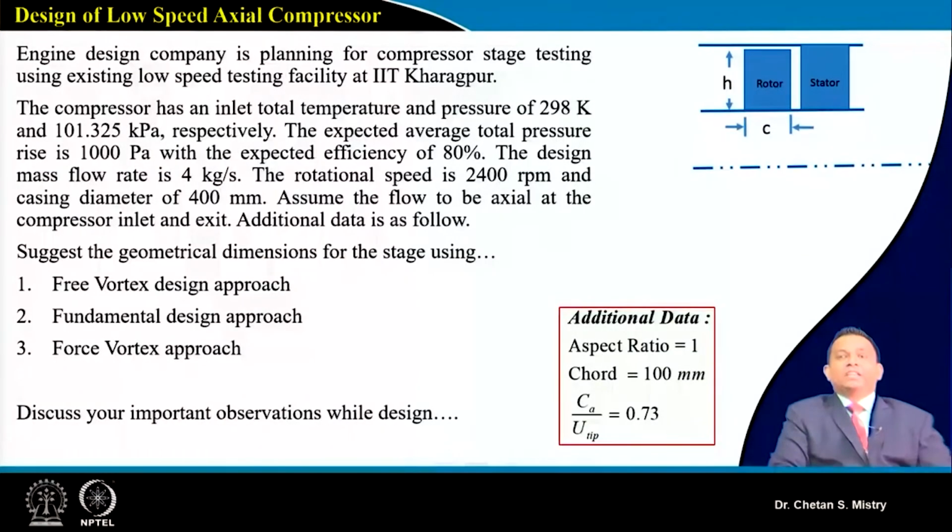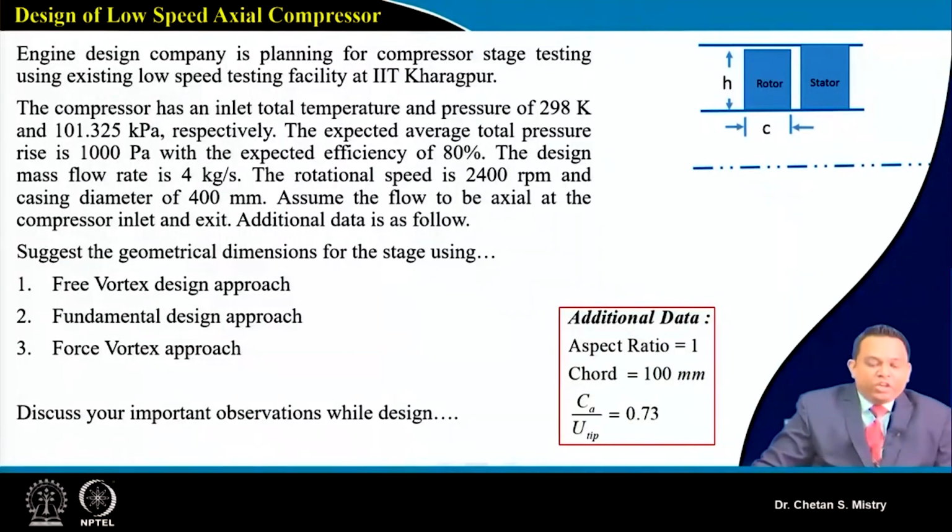Now let's see, we will start with the design of, say, a low speed axial flow compressor. So this is the data that is available with us. An engine design company is planning compressor stage testing using an existing low speed testing facility at IIT Kharagpur.